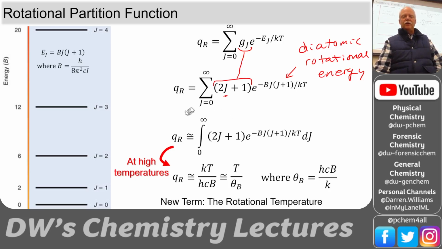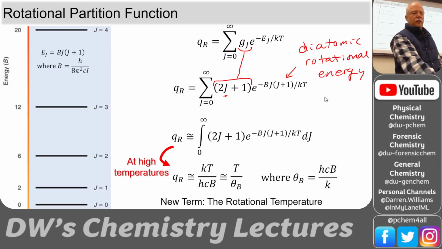Now, once again, we can do this switch from a sum to an integral if we integrate over dJ. So we're saying the difference in rotational quantum number is infinitesimal. So we're going to integrate over all the quantum numbers that we have, and we end up with this high temperature approximation. So it's a very, very simple result.